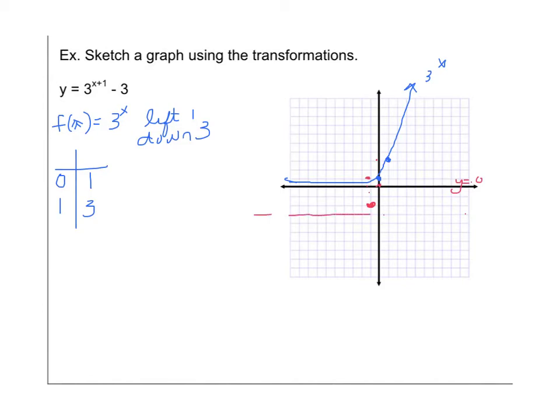So here's my asymptote, and my actual graph follows that. And that is my transformed graph. So I really only need 2 points, and you can graph any base knowing 0, 1, and then apply the transformations to that after.